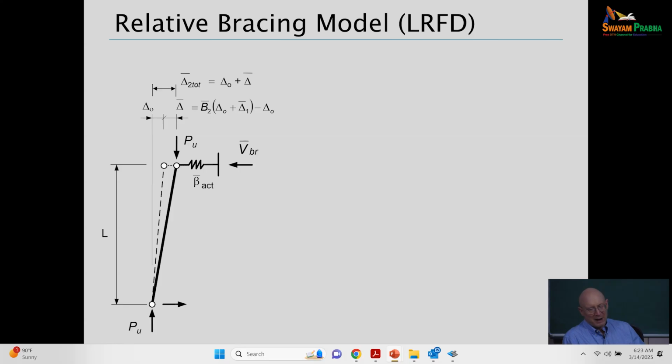So if we have an initial out of plumbness of this column of capital delta naught, when we put axial compression at the top, the column is going to tend to sway further to the right, correct? Because I have a P large delta effect from that delta naught that's tending to drive more force into the brace, which then means I'm going to get more brace movement. And that brace deflection from the initial out of plumb position, that's the delta overbar.